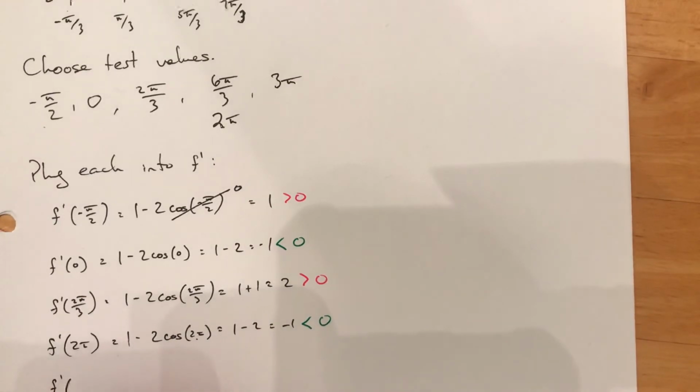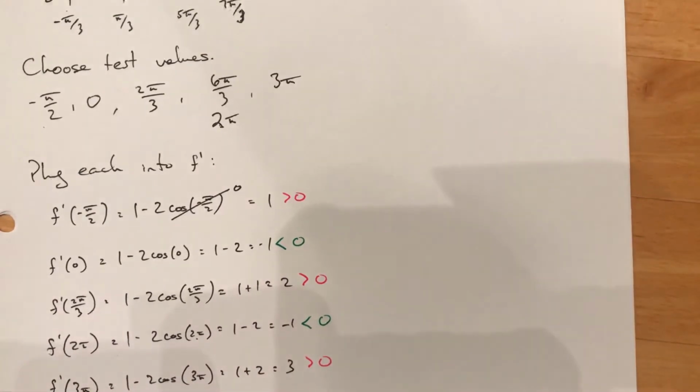And then F prime of, what was our last one? 3 pi is 1 minus 2 cosine of 3 pi. Cosine of 3 pi is negative 1. Multiply that by negative 2. We get 1 plus 2 is 3, and that's positive.